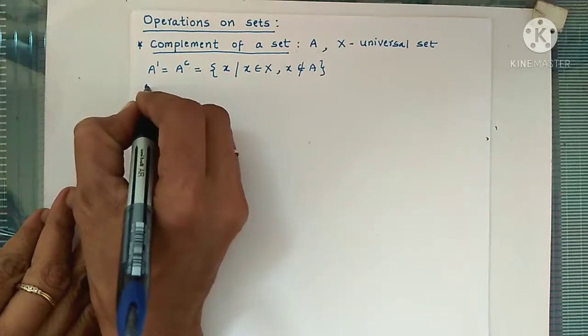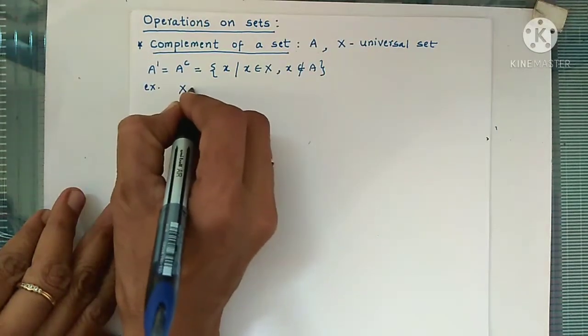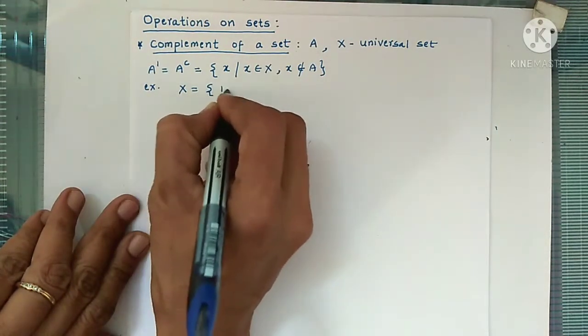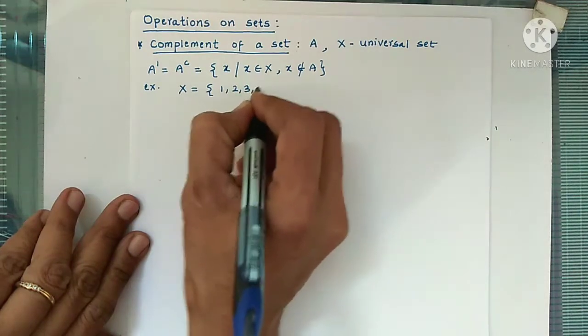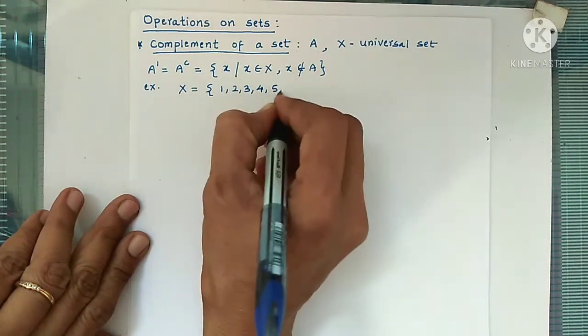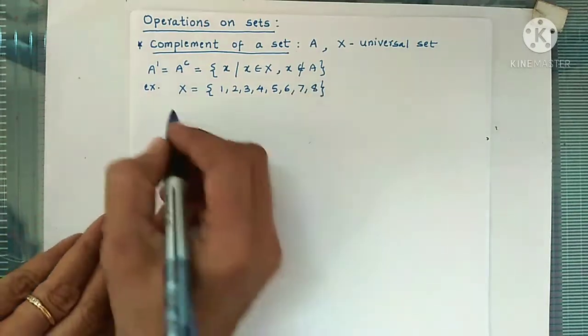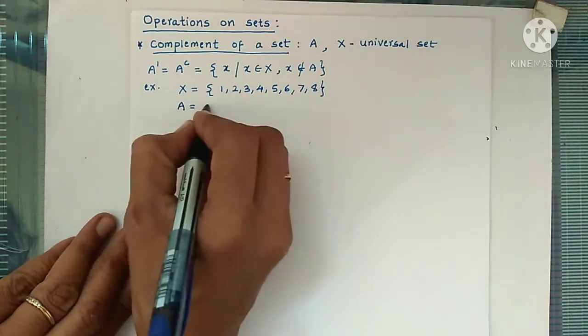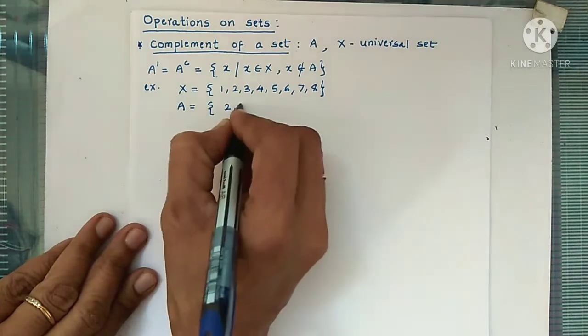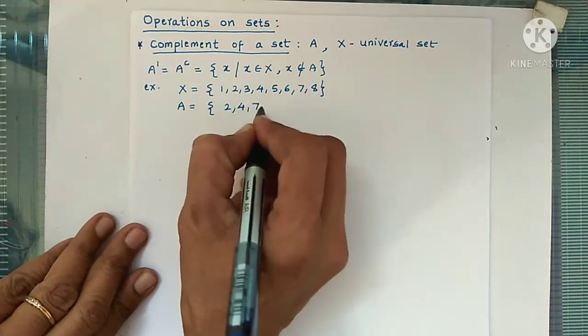Let's take one example. Let X be 1, 2, 3, 4, 5, 6, 7, 8, and let set A be 2, 4, 7, 8.